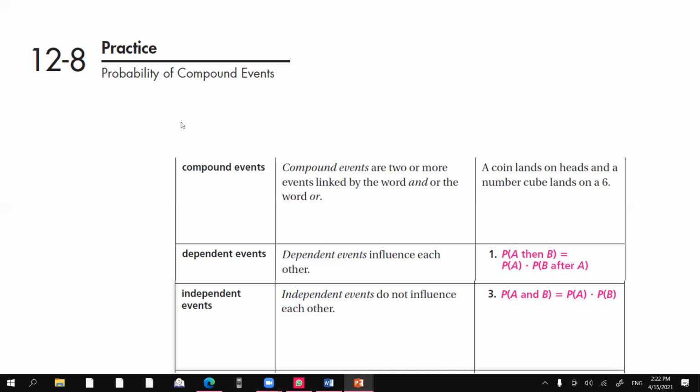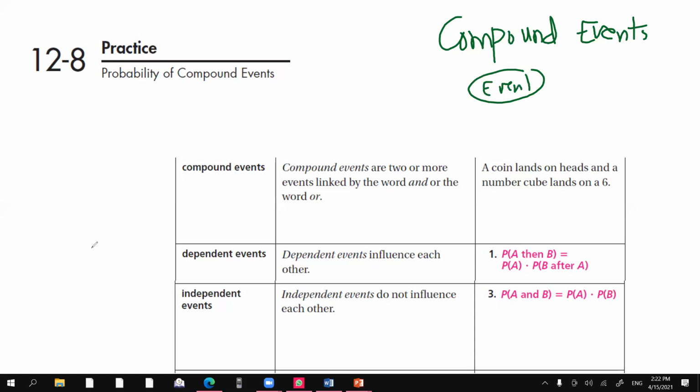We call it compound events, such as when you toss a coin and you throw a number cube. I have 2 events, so we call it compound events. The compound events here are 2 events or more that I combine between them.